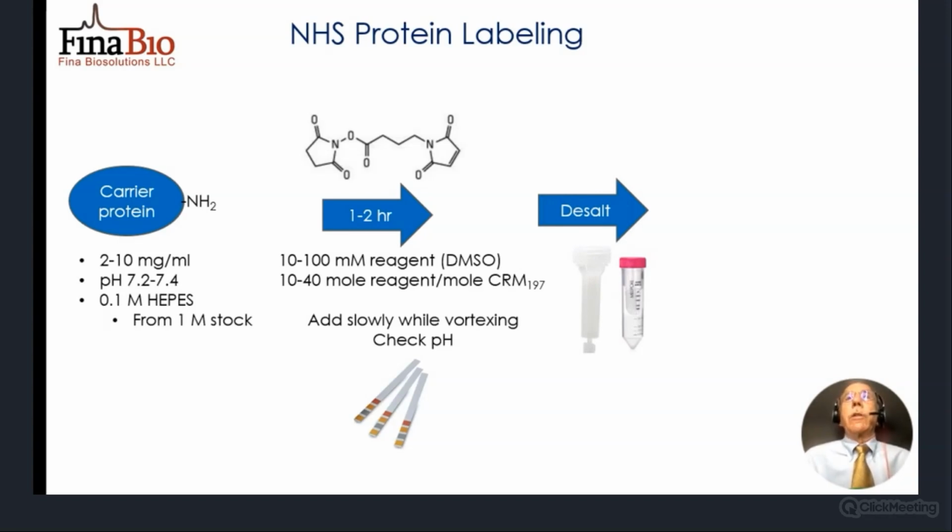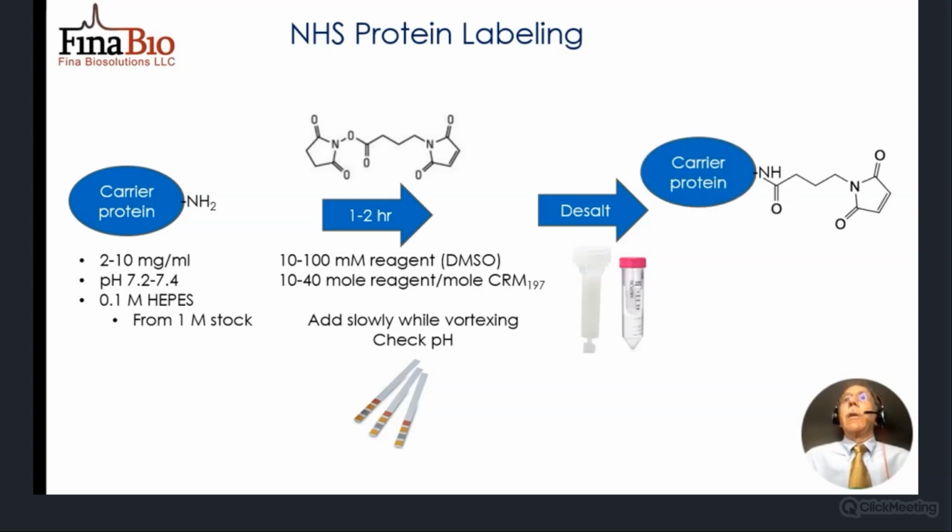After 1 to 2 hours of reaction, you desalt it. You don't want this reaction to go on too long because the maleimide will, in fact, hydrolyze. So you desalt using either a spin device or a gel filtration column, and you end up with your maleimide derivatized protein. You're typically going to find yourself with 10 to 20 maleimides.